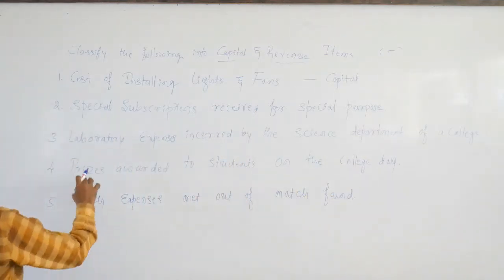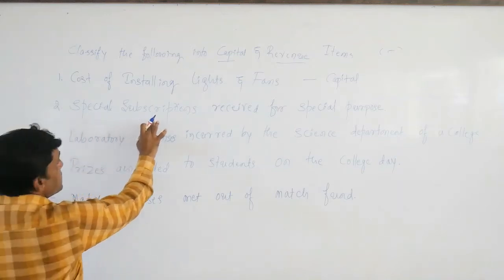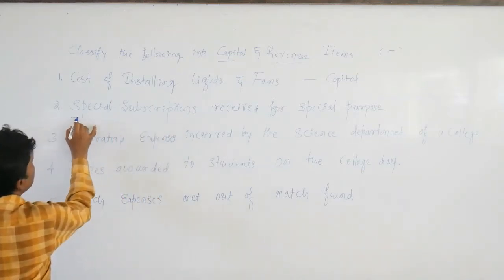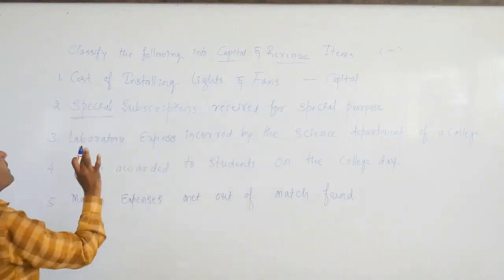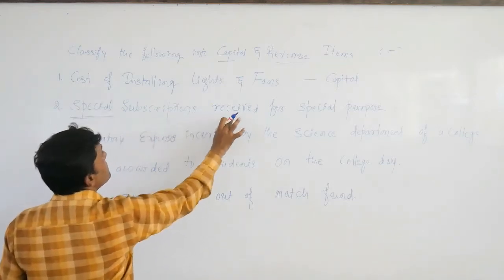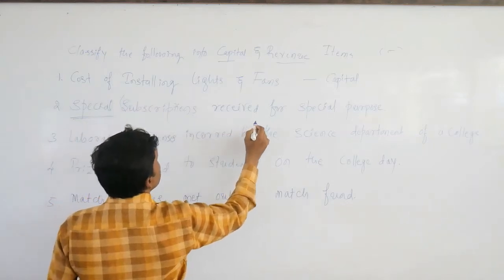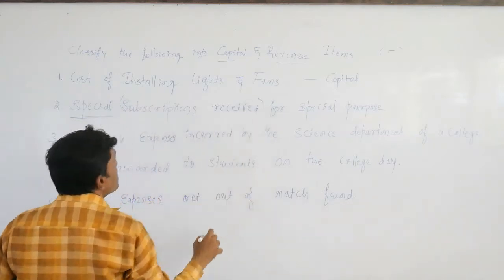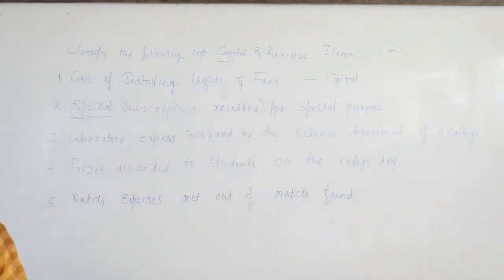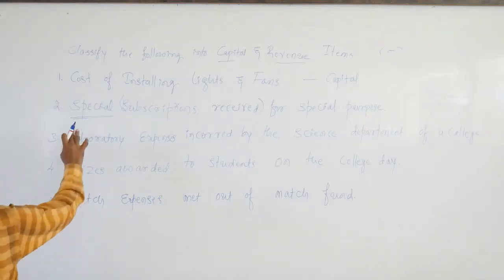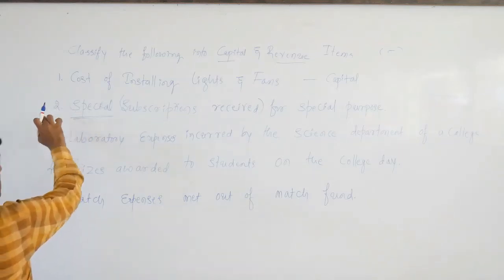Now one more, that is special subscriptions. Very important term, special subscription. If they have simply mentioned subscriptions received, that is to be treated as revenue. But here they have mentioned the word special.